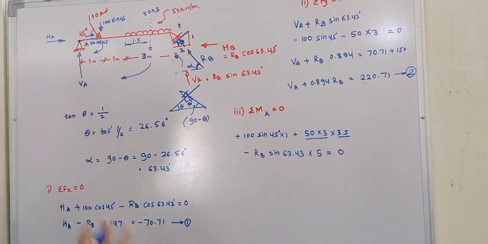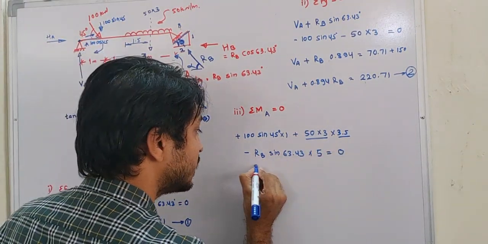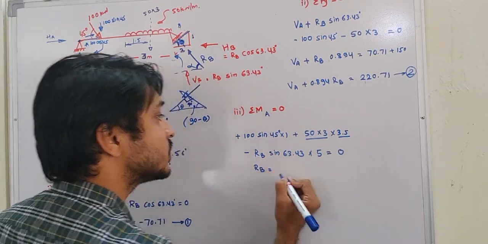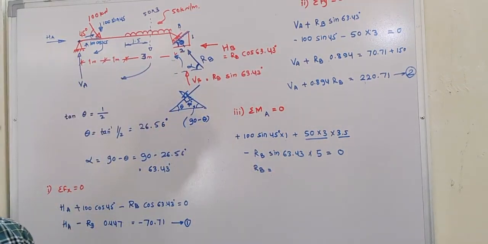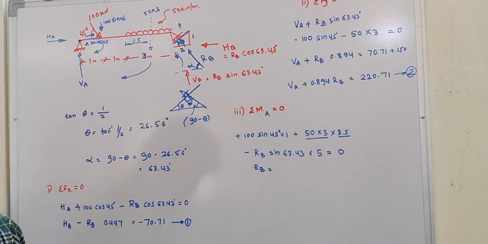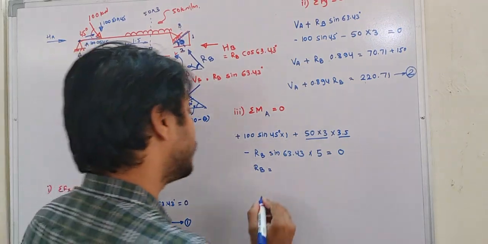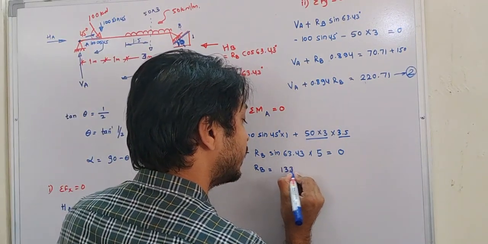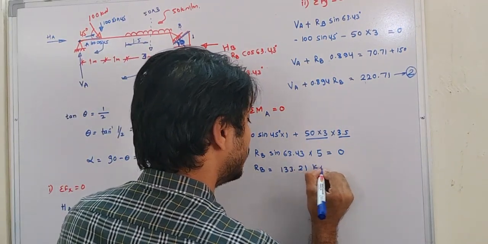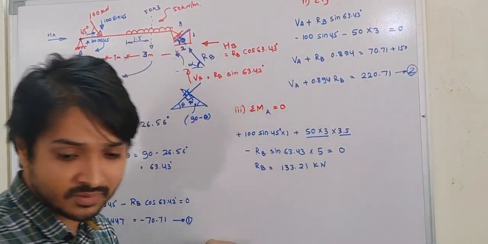No, right? So if I solve it, what do I get? RB is equal to 133.21 kilonewton. All of you got the same value.